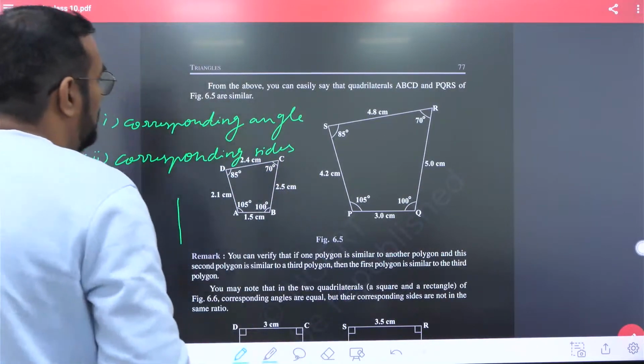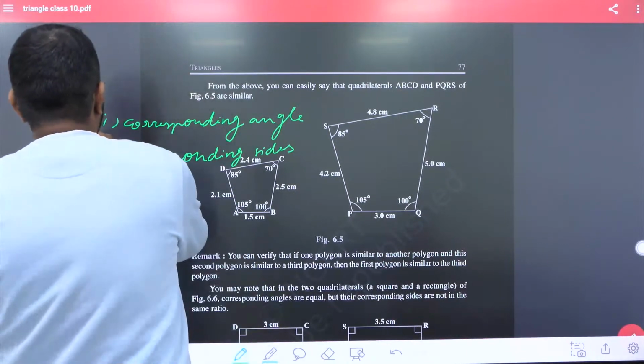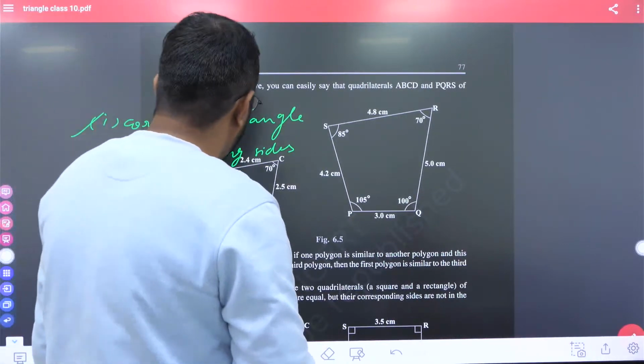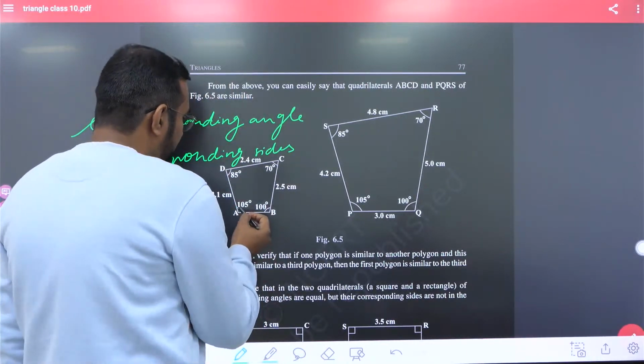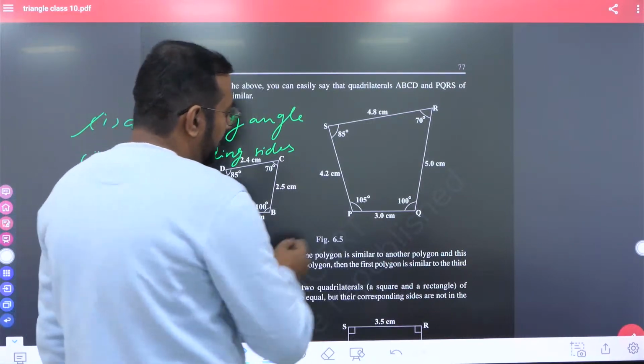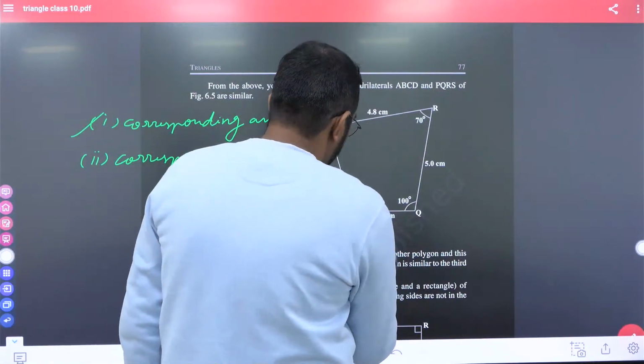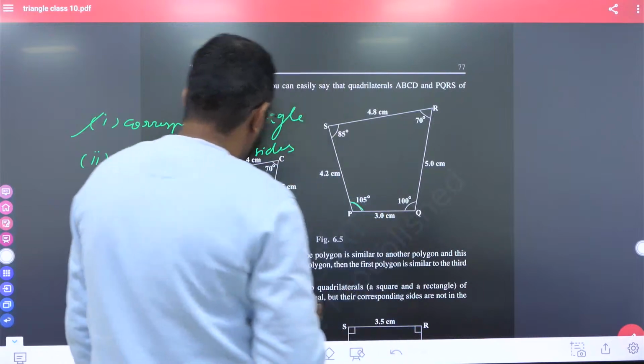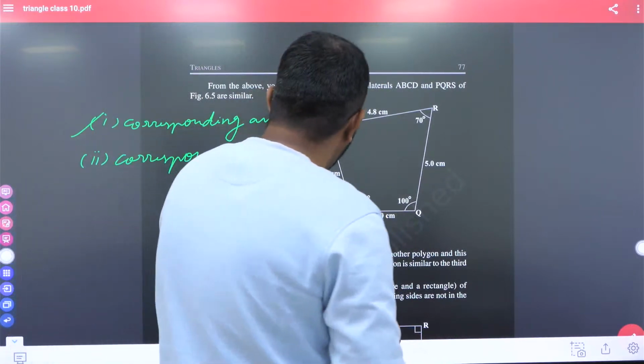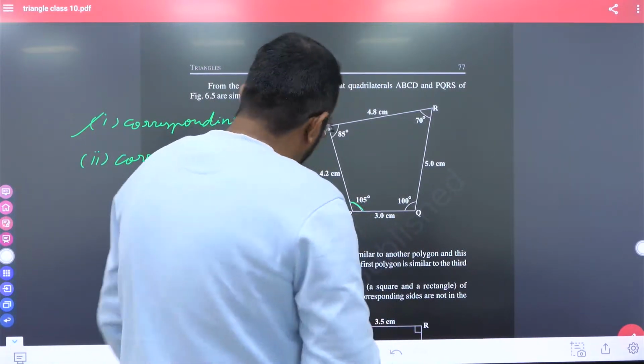First look at the corresponding angles. Here angle A's measure is 105. Is there any angle in this figure whose measure is 105? Yes, P. So A's corresponding angle is P. These two angles are the same.